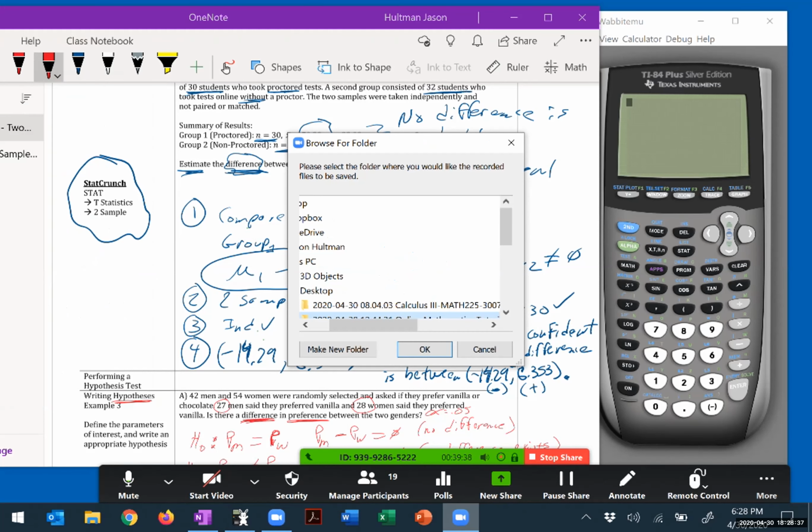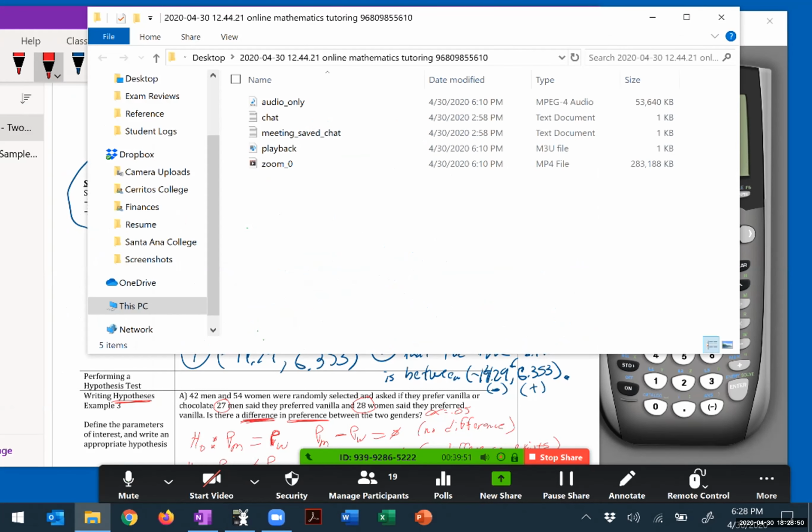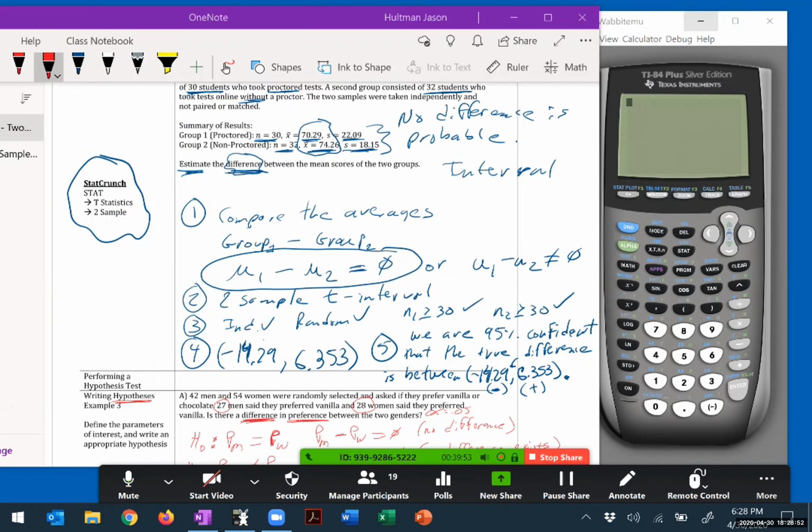Why do I have two of these open? Which one do I want? Cancel. There we go. Now let's go to StatCrunch.